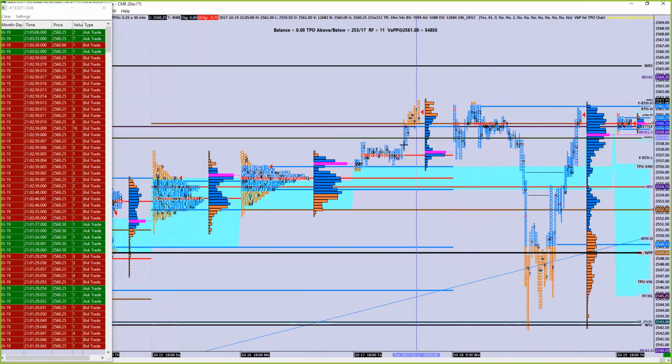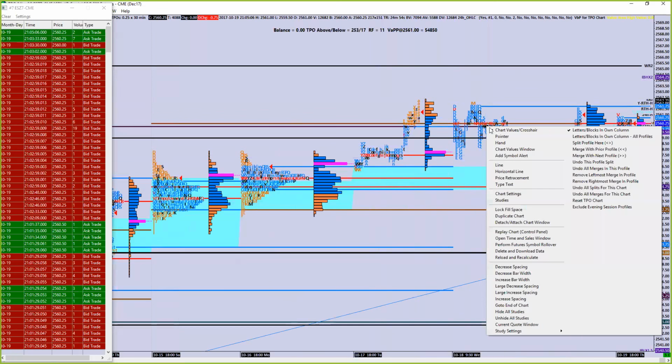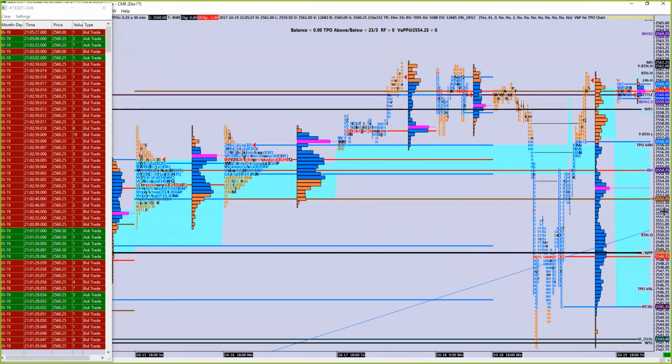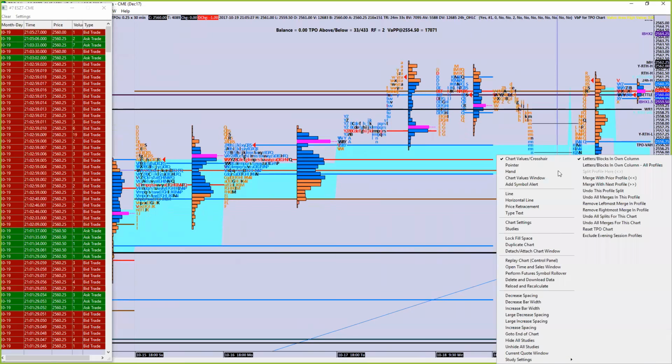It's 24 hours. This is yesterday after hours. This is the day before yesterday's after hours. This is yesterday's trade, and this, from here on, did I get it? I did, okay, is the overnight, last night. And then this, let me split it up one more time, is today.